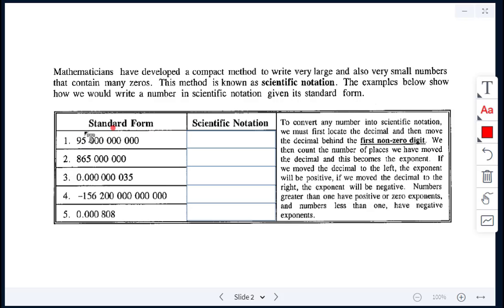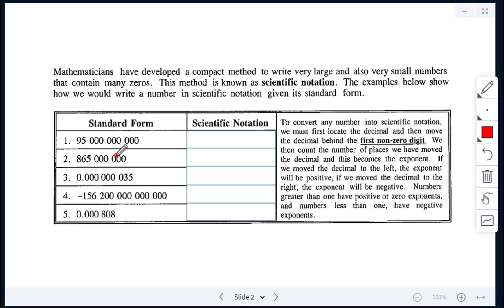This is a number that is greater than 1. And so we're going to take our decimal point and move it from here. This is where the decimal point is. And we're going to move it all the way so it's here. So it makes the number 9.5. So let's move that. That's going to be 1, 2, 3, 4, 5, 6, 7, 8, 9, 10 decimal places.